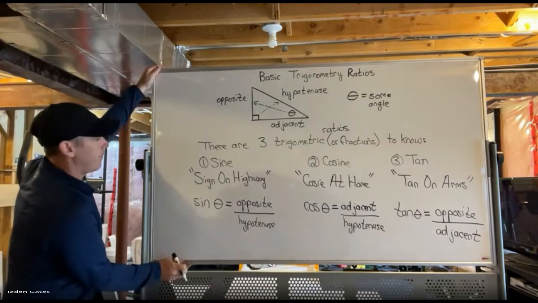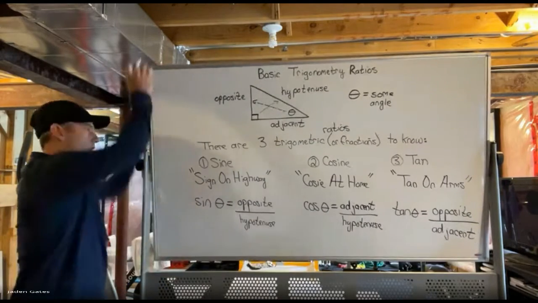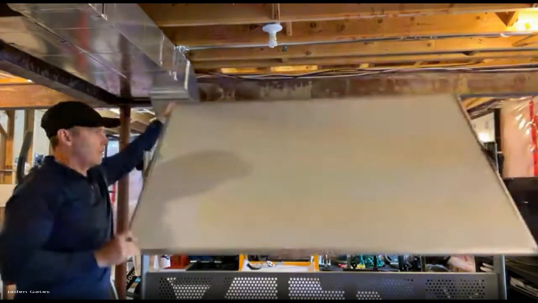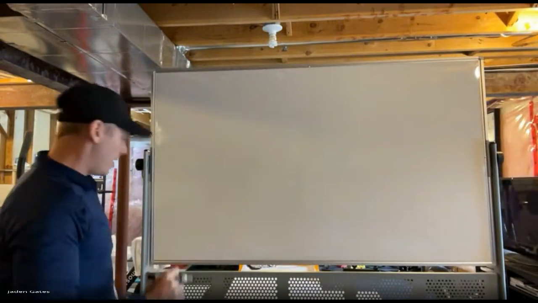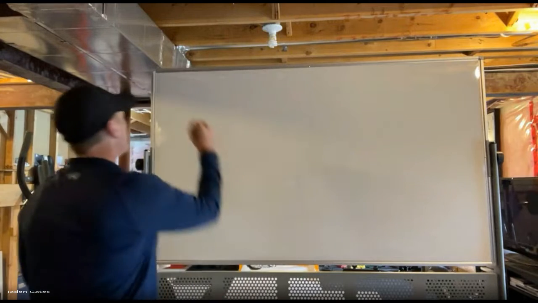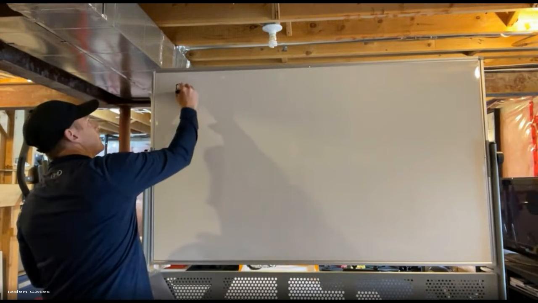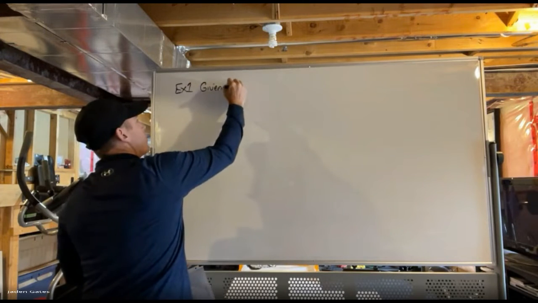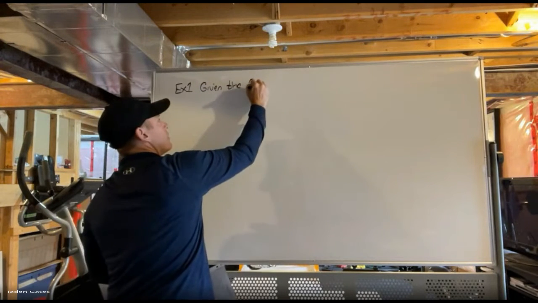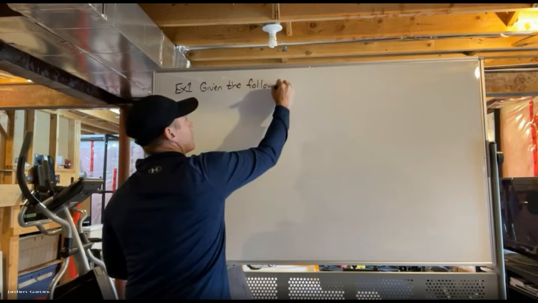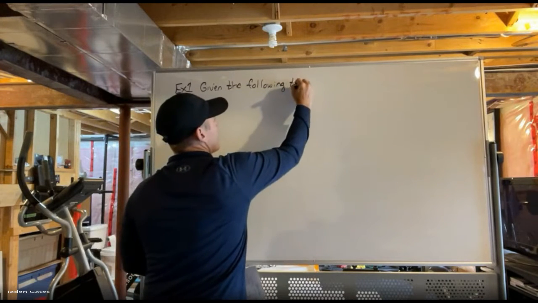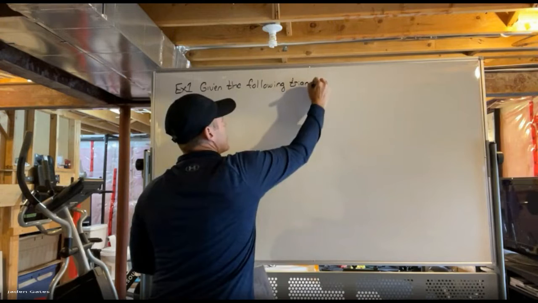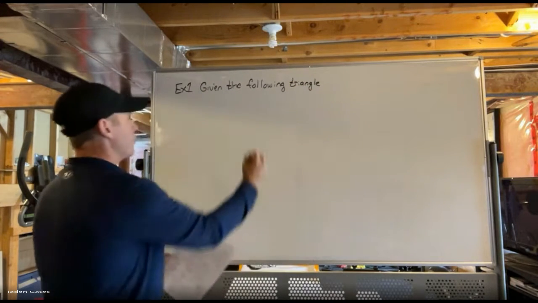All right, so flip my board. For example 1, given the following triangle, I'm going to draw out a triangle here.